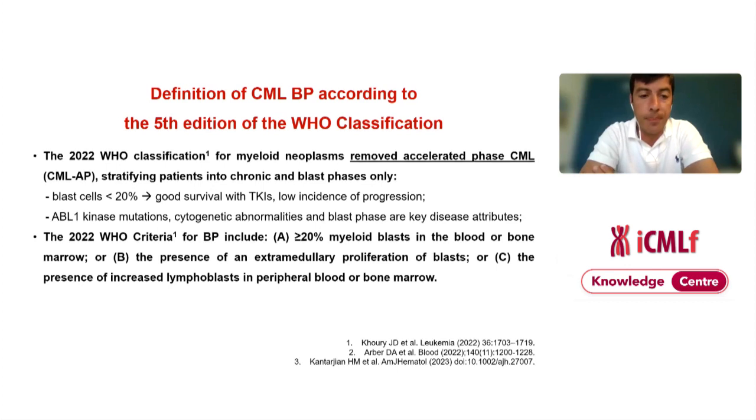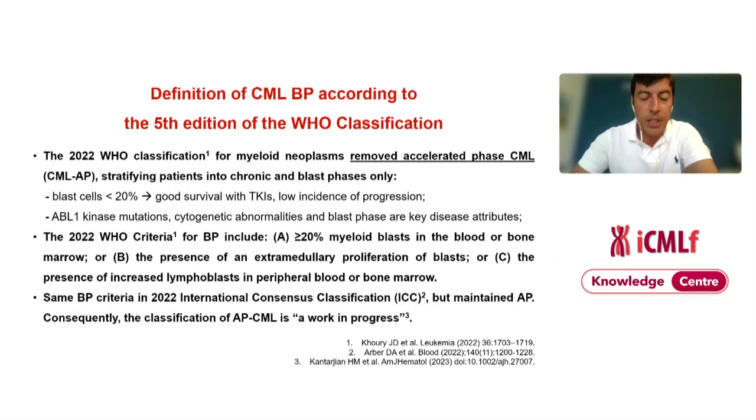So the new criteria of the WHO classification include, to define a blast phase, a percentage higher than 20% of myeloid blasts in the blood or in bone marrow of CML patients, or the presence of an extramedullary proliferation of blasts, or the presence of increased lymphoblasts in peripheral blood or in the bone marrow.